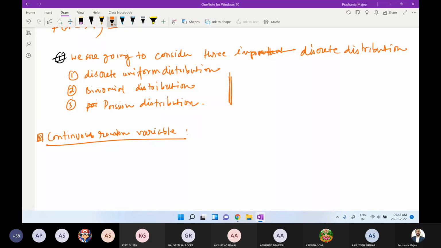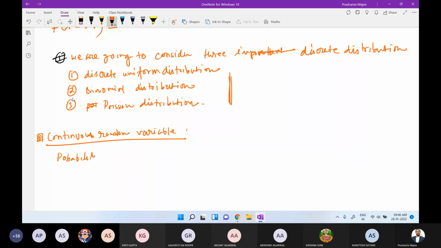A random variable which assumes all possible values in a certain interval is called a continuous random variable. How the probability is distributed for a continuous random variable is given by the probability density function.